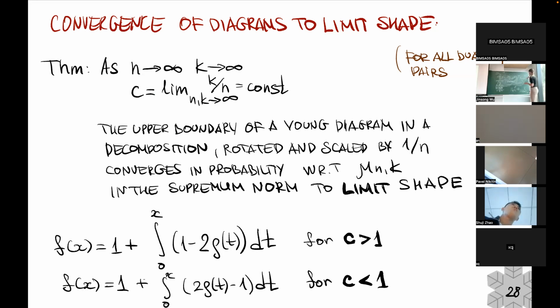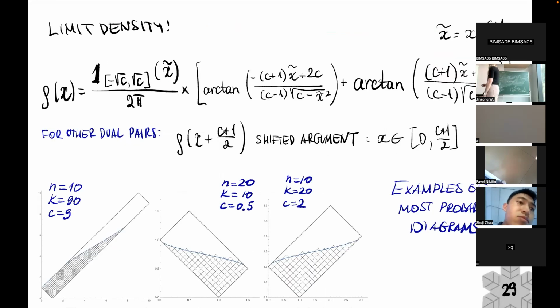Okay, so the limit shape actually. I don't have a picture here, but the way to describe this limit shape is somewhat not very direct. We can describe it using the density function, and the expression for the limit shape is like this. Basically they're a little bit different for c greater than 1 and c less than 1. And here is actually the expression for the density.